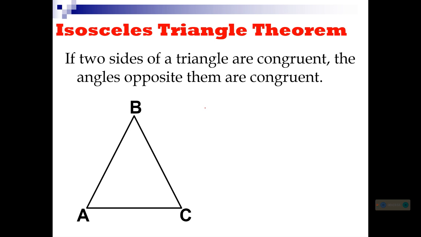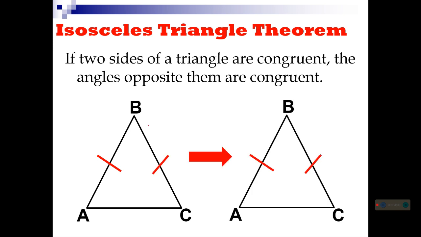So again, the isosceles triangle theorem: if two sides of a triangle are congruent, the angles opposite them are congruent. So if you are given triangle ABC with congruent sides, still our opposite angles on the two sides are also congruent.